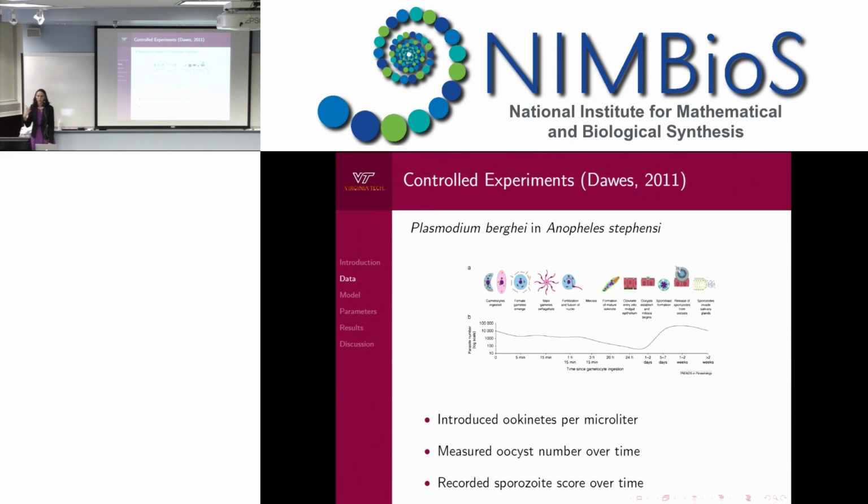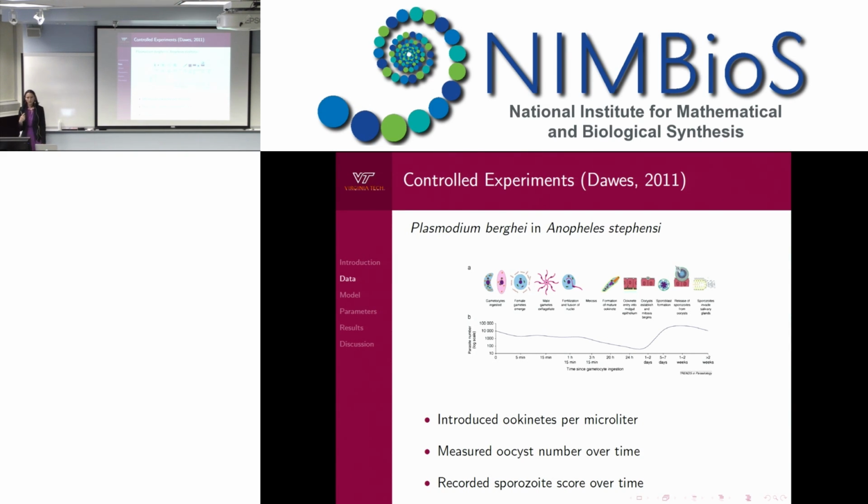There's a really nice, rich data set that we're working with. It's coming from a thesis by Emma Dawes at Imperial College London. Parts of that thesis, including her original experiments, are in published papers, but the data that we're working with actually has not been published elsewhere, but it is publicly available through her thesis.